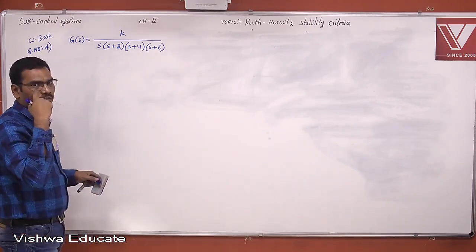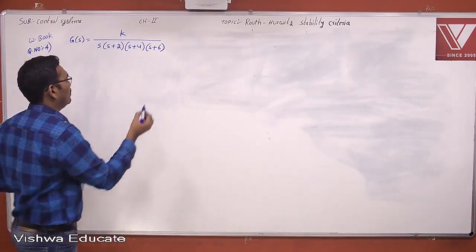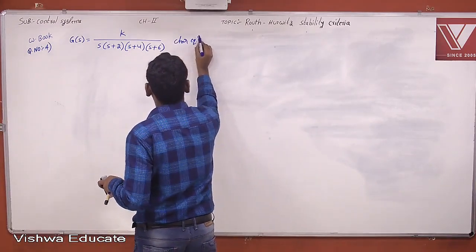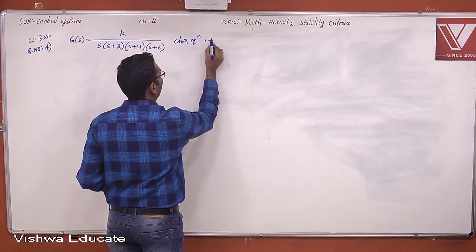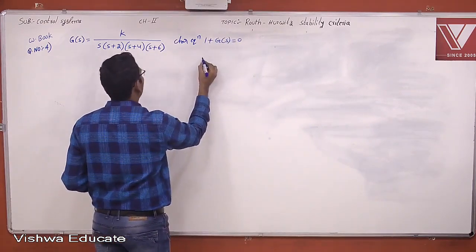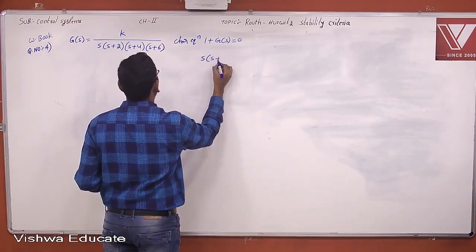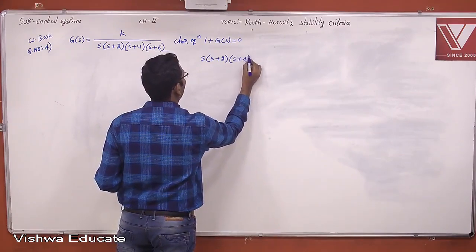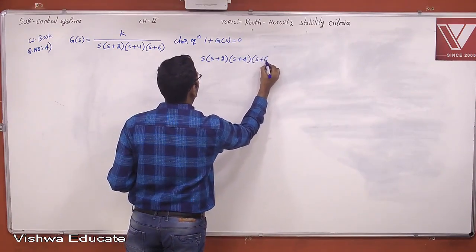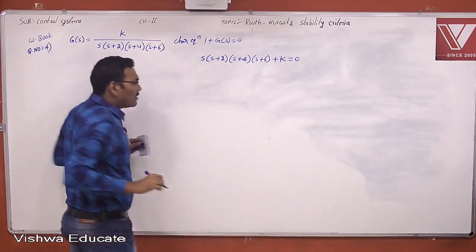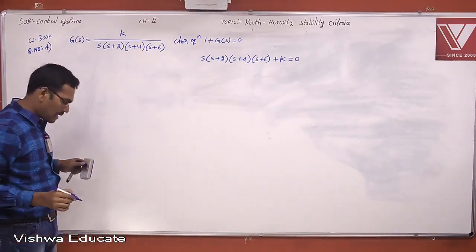Now first we need to find the characteristic equation, which is nothing but 1 plus G of s equal to 0. Therefore s into s plus 2 into s plus 4 into s plus 6 plus k is equal to 0. This is the characteristic equation.